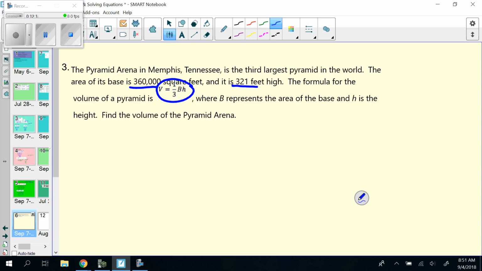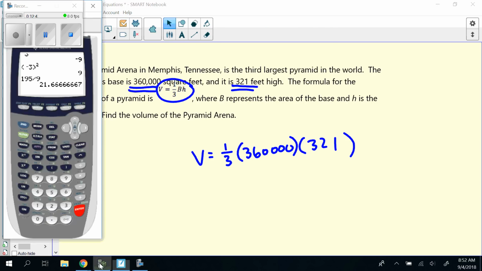There's our volume equation. So just like those problems we did at the beginning, we want to substitute in what's the area of the base and what is the height. Well, they told us the area of the base was 360,000, and the height was 321. So now on our calculator, we just want to type that in, and we should be able to get the solution here. When typing in fractions, you can just do that with a division sign.